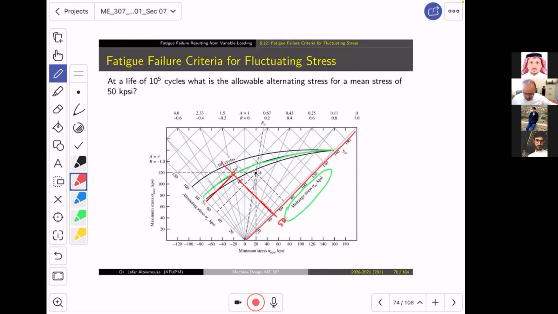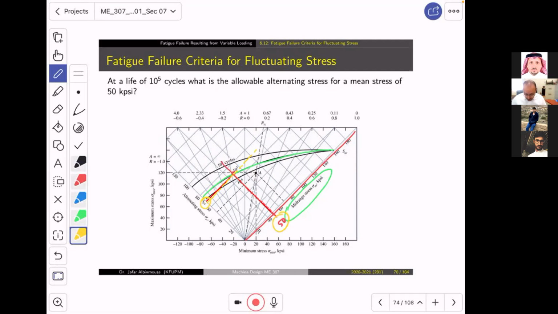You will intersect 10 to the power 6, 10 to the power 5, 10 to the power 4, but your intention is to go for 10 to the power 5. From that point, draw a line perpendicular to the other axis, passing through the intersection point, and there you go. You will see the amplitude. If you combine it with this mean, you will get a life of 100,000.